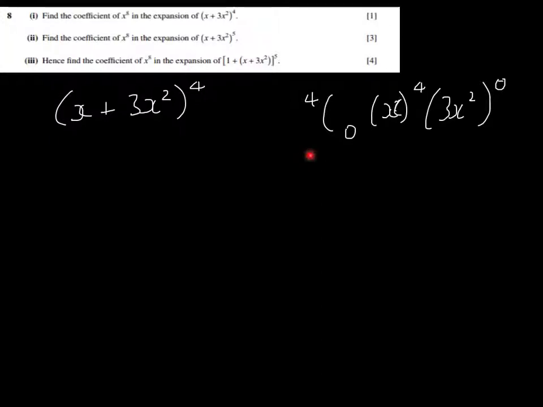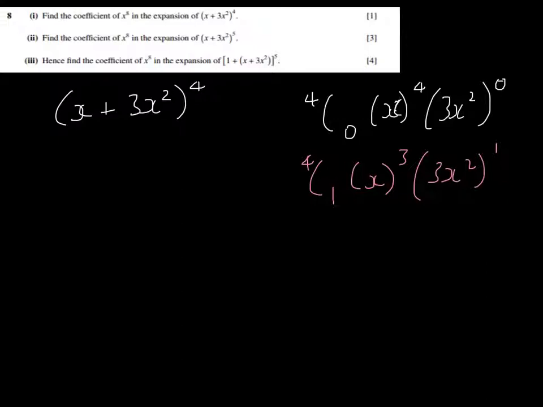But let's say it was 4c1, then that would be x to the power of 3, and that would be 3x squared to the power of 1. So when that part here was expanded, it would still be x squared, so all up, that would be x to the power of 5, right?